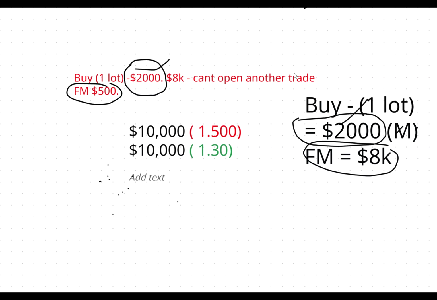Do you understand? So now, what will happen will be this. If this person lost 2,500, which is part of this free margin, all his trades will be closed. So what will now remain on the account?